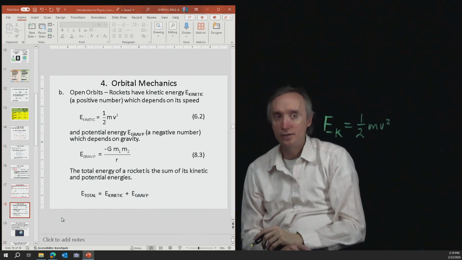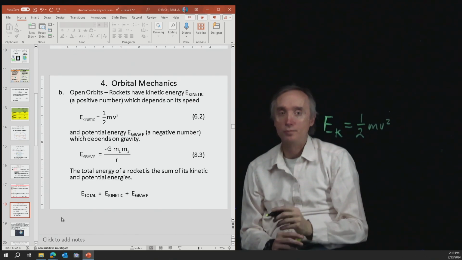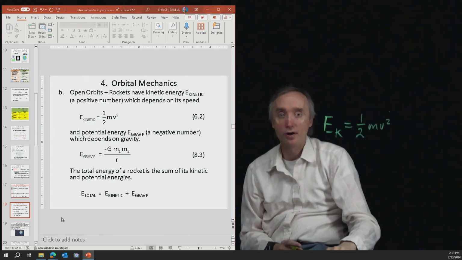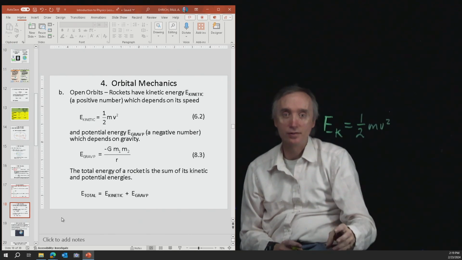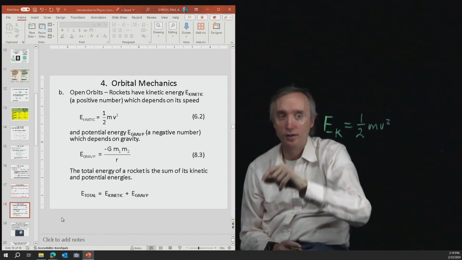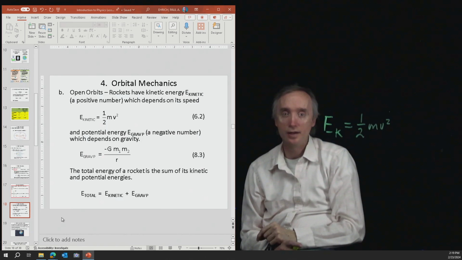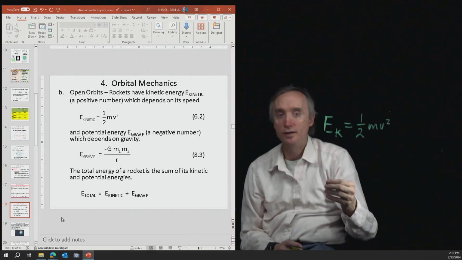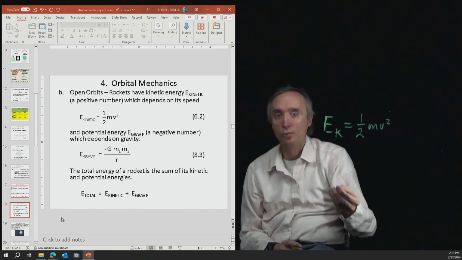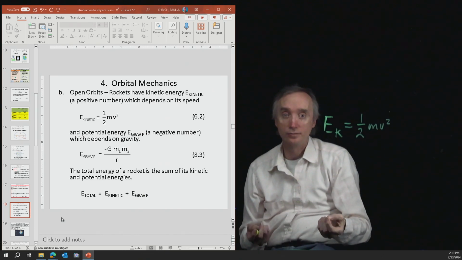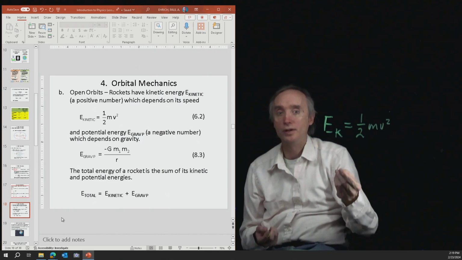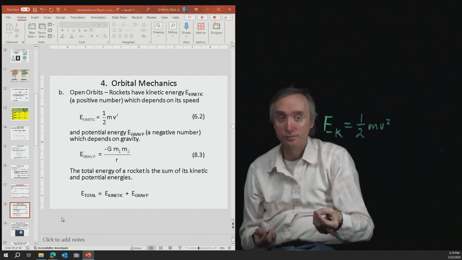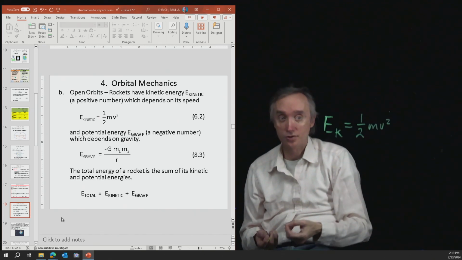Then you've got the potential energy. Potential energy depends on position, on where you're at. Sir Isaac Newton came up with the formula for the potential energy of an object, and it was equal to negative big G m1 m2 over r. m1 could be the star and m2 the planet, or m1 could be a planet and m2 a rocket ship.